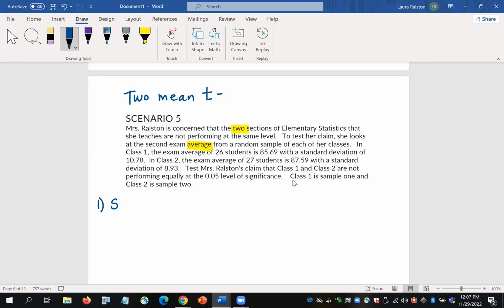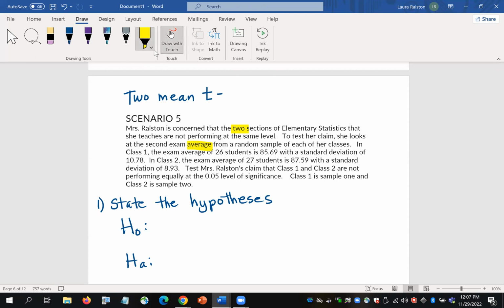So again, our first step is to state the hypotheses. Near the end of the problem, it says to test Ms. Ralston's claim that class 1 and class 2 are not performing equally.